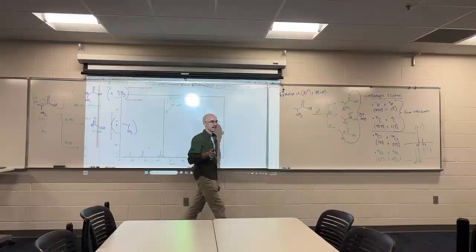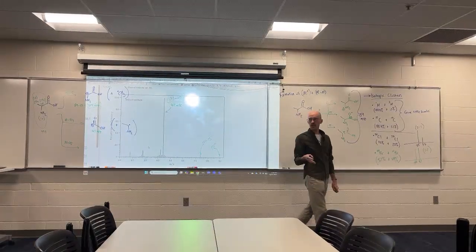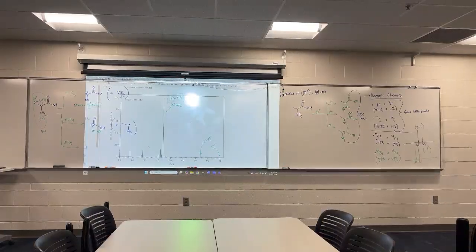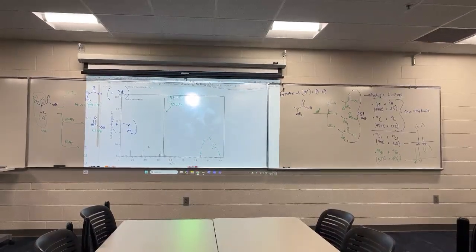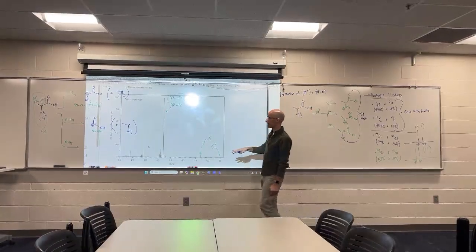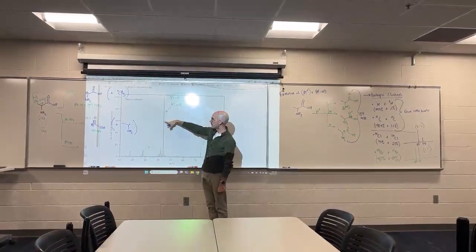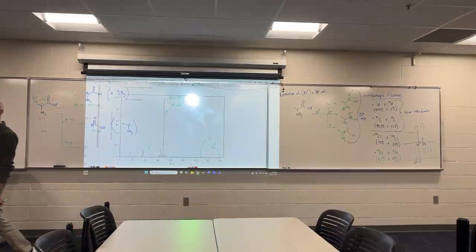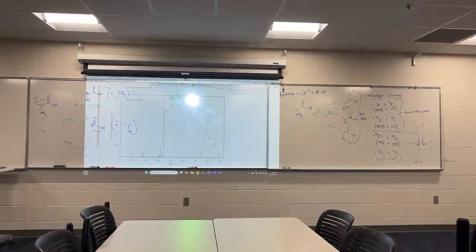I'll give you a hint. It's already on the board. You just need to change where the radical is and where the cation is. What is the structure that gives this signal at M minus 45? Anybody want to try and describe it?